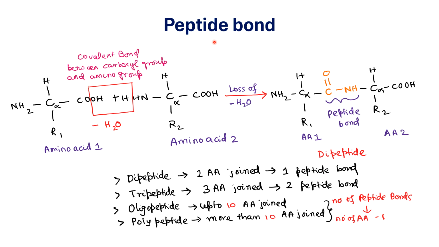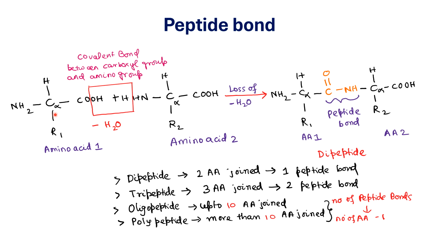Let's now look into how a peptide bond is formed. We already discussed that amino acids in a polypeptide are joined together by peptide bonds, right? Here I am taking the example of a dipeptide, in which two amino acids are joined together. Look, this is one amino acid, this is another amino acid.